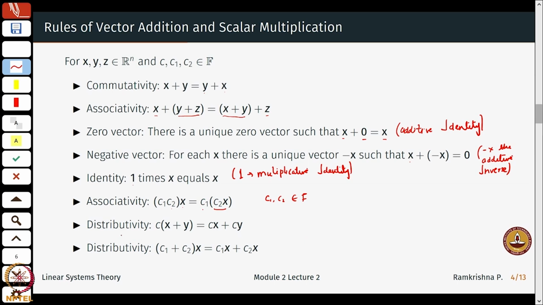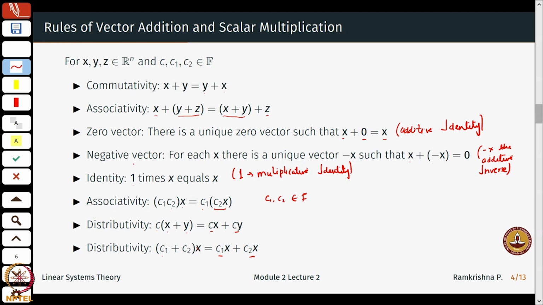Then you have the distributive property: c acting over x plus y gives me cx plus cy. And similarly, if I take two elements c1 and c2 from the field acting on x, that gives me c1x plus c2x. So these are the 8 properties that we need to check, given a certain space, to decide whether it is a vector space or not.